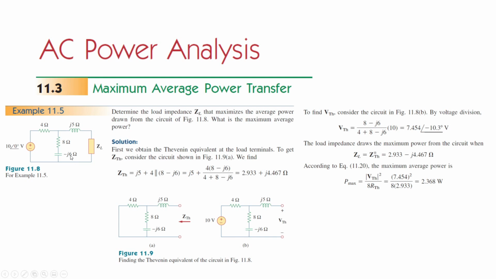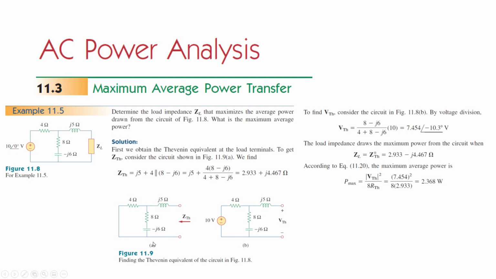In order to find the load impedance ZL that maximizes the average power drawn from the circuit, we first need to find the Thevenin equivalent of this circuit.